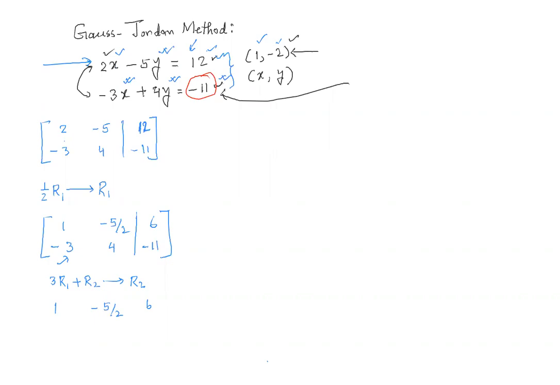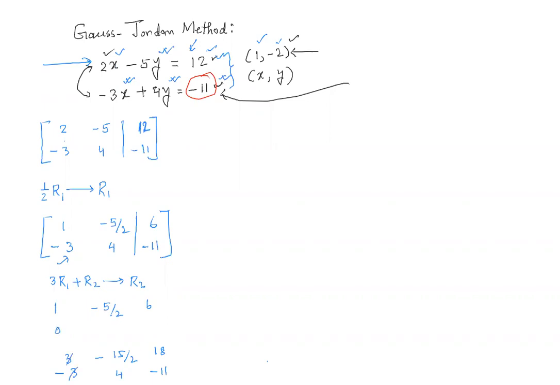So 3 times row 1 is 3. 3 times -5/2 is -15/2. 3 times 6 is 18. And then add it to the second row, -3, 4, and -11.